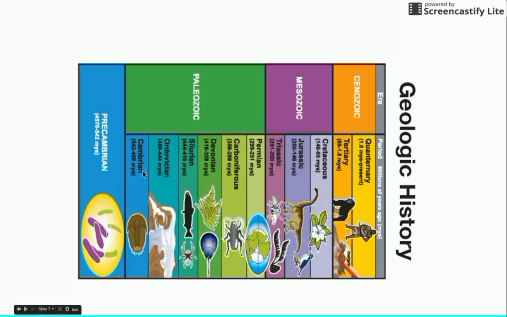And then from that, we move to the Cambrian, the Ordovician, Silurian, Devonian, Carboniferous, Permian, Triassic, Jurassic, Cretaceous, Tertiary, Quaternary. You don't need to know all the names of these periods, but these eras are the big ones that you might want to remember, and these are the Cenozoic, Mesozoic, and the Paleozoic. Anything that ends in this zoic word, you know, is talking about an era.